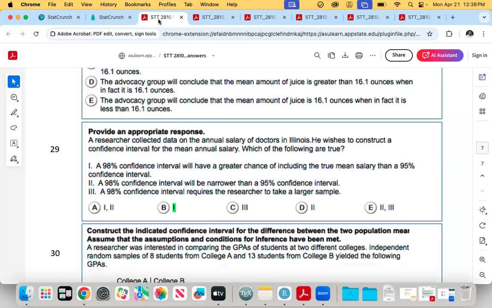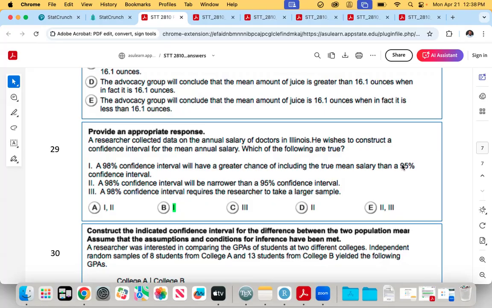So here, I says the 98% confidence interval would have a greater chance of including the true mean than a 95% confidence interval, which is true because that interval will be wider than this one. Is that okay?